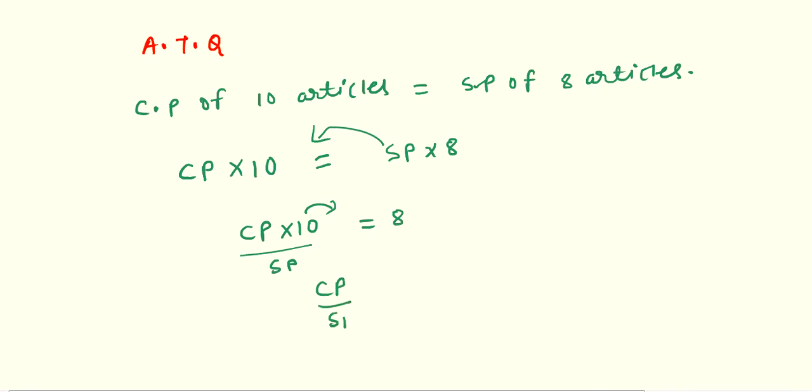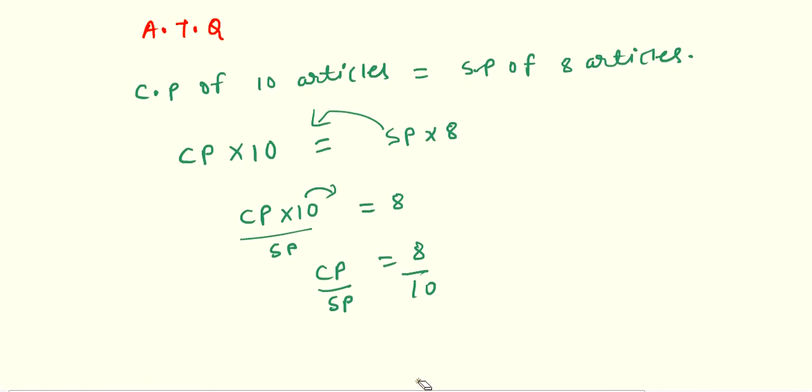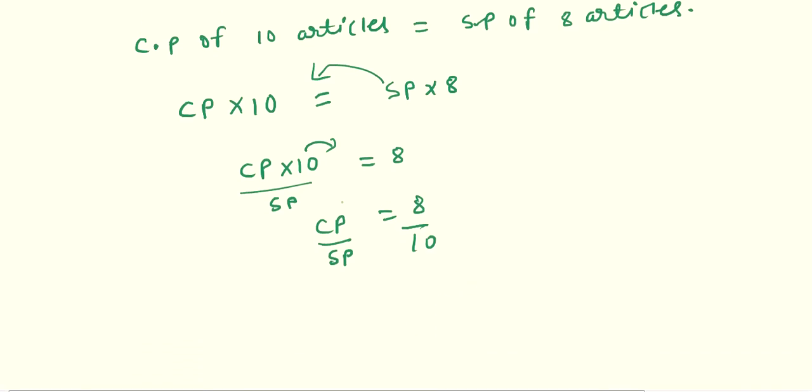So CP upon SP equals 8 by 10. So from this condition you can compare that the value of CP is 8 and the value of SP is 10. That means SP is greater than CP. So this is the case of profit. So profit equals SP minus CP.